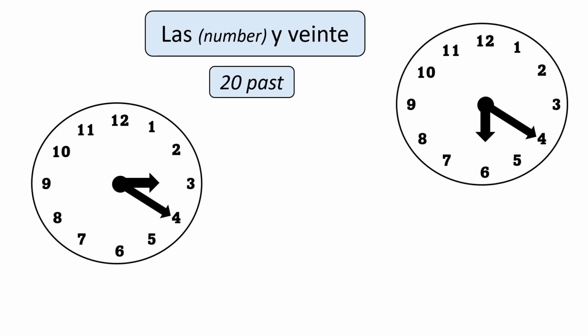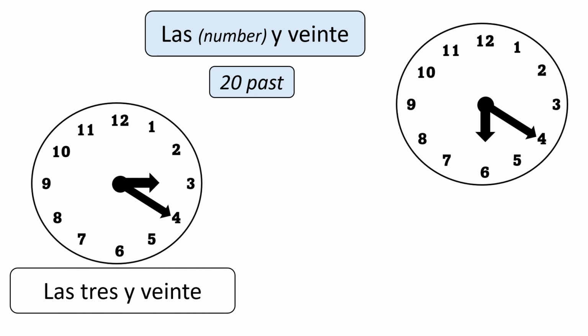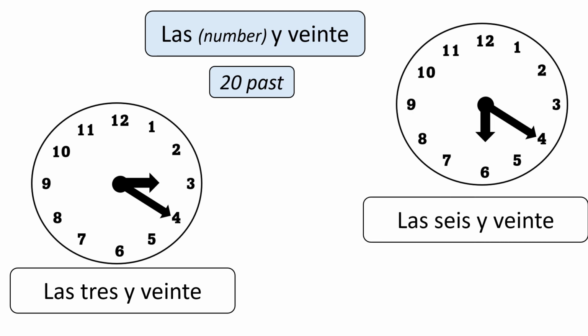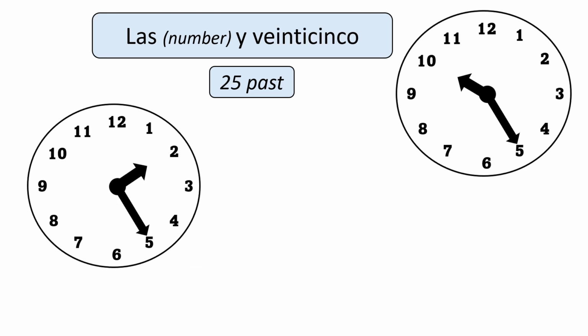These examples show 20 minutes past. The clock on the left shows las 3:20. And the clock on the right shows las 6:20. And finally, what time does the clock on the left show?